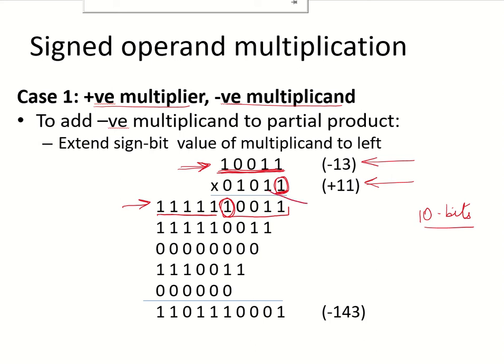Then we check the next bit of the multiplier. Again it is 1. So as we do in the normal multiplication, we will add a shifted version of the multiplicand. So you can see that this multiplicand has been shifted one place to the left, and again for the remaining bits we will extend it using the sign bit.